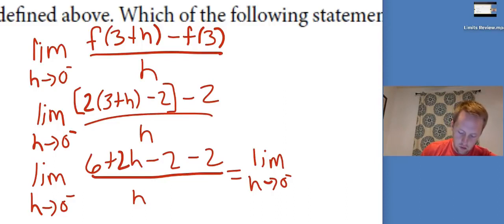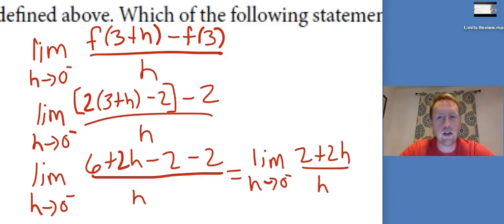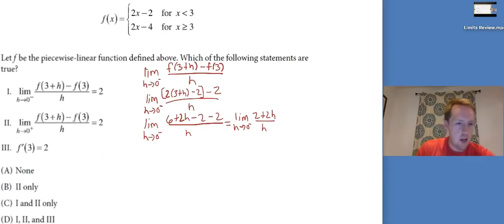That's 2 plus 2h over h. Well, as h goes to 0, I get 2 over 0. Well, 2 over 0 would be some sort of infinity. So apparently statement I is not true because the limit is not 2.